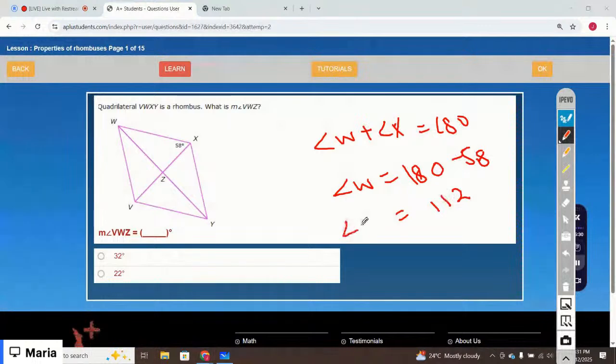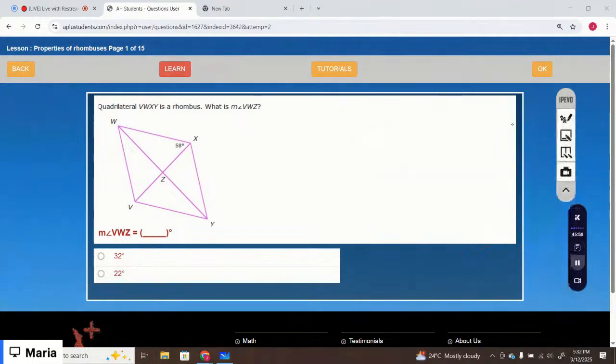That is 122. And VWZ is half of 122. But you are given different options. I don't know what's wrong with the options.